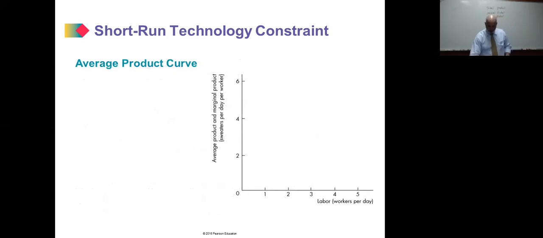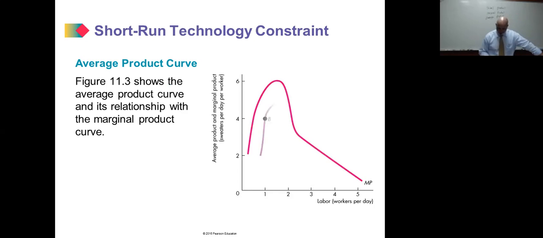Let's look at some more examples. Figure 11.3 shows the average product curve and its relation to the marginal product curve.